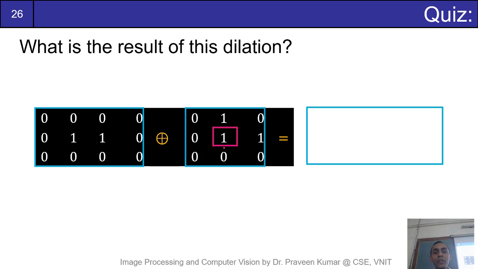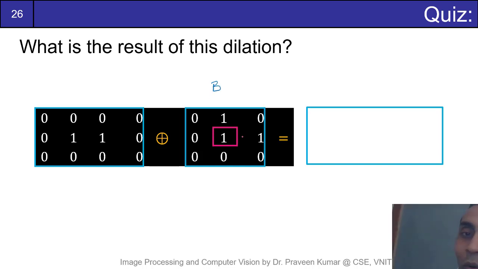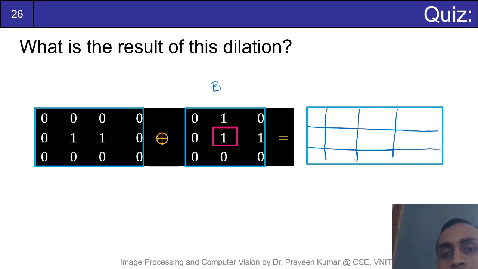So here is a question: if this is your original image I and this is your structuring element B, and the origin is at the center only, what should be the result of this dilation operation? Where should be 1?